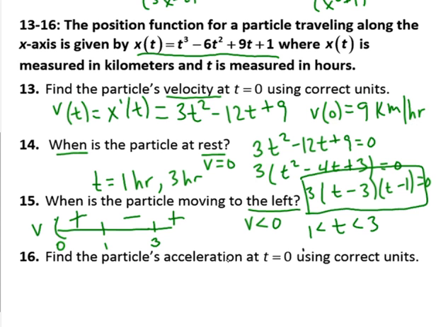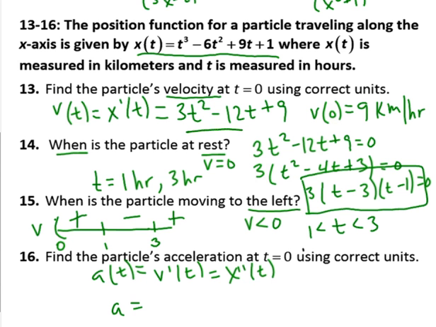The last question, find the particle's acceleration. So if velocity is the rate of change of position, or the derivative of position, then acceleration is the rate of change of velocity. Okay? Or the second derivative of position. Okay, so we want to find the particle's acceleration at t equals 0, so we need to take the derivative of velocity, this one right here.